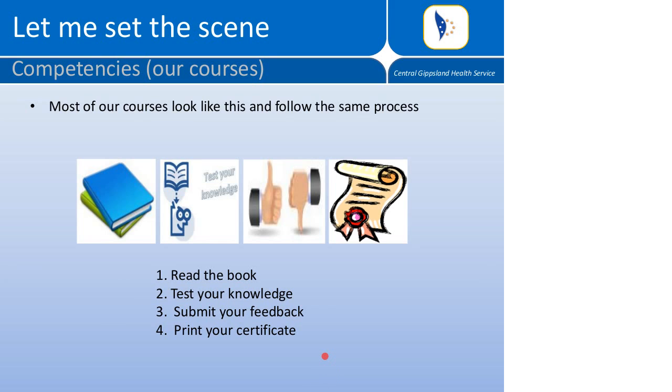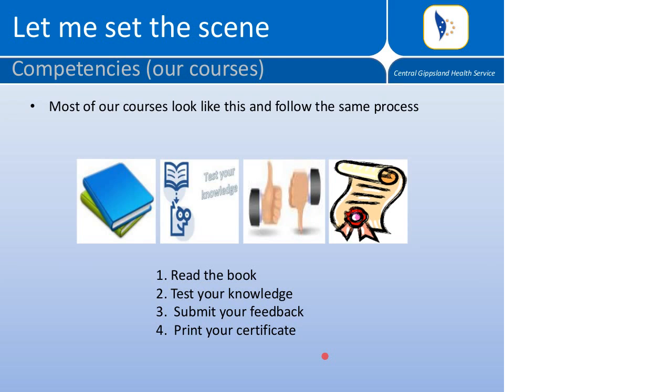I'll just show you here on this slide what our courses tend to look like. Most of our courses are available that look like this. So we have 4 main steps. We've tried to keep it very simple, and a screen like this is basically all our staff will see. So they click on a book to read a book, and that contains the learning.